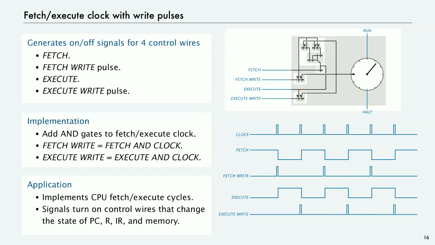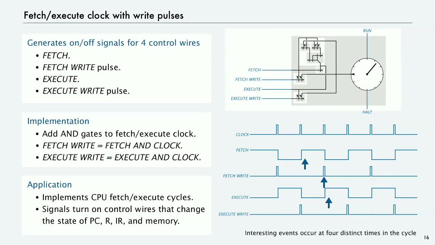looks complicated, but it's really just pointing out that there are going to be 4 distinct times in this clock cycle, which repeats endlessly, where interesting things happen. So fetch comes high, then some control lines come along. And then fetch write happens, and that causes certain flip-flops to change.